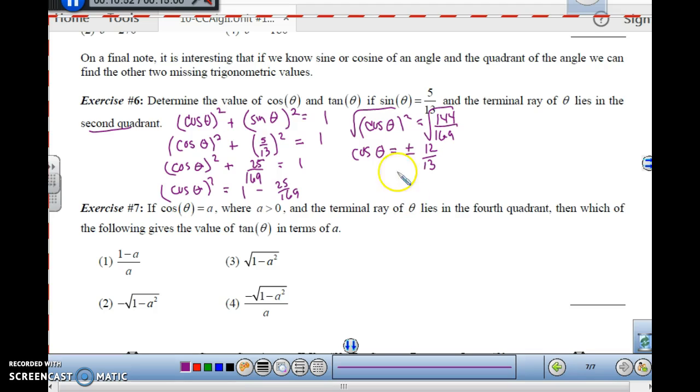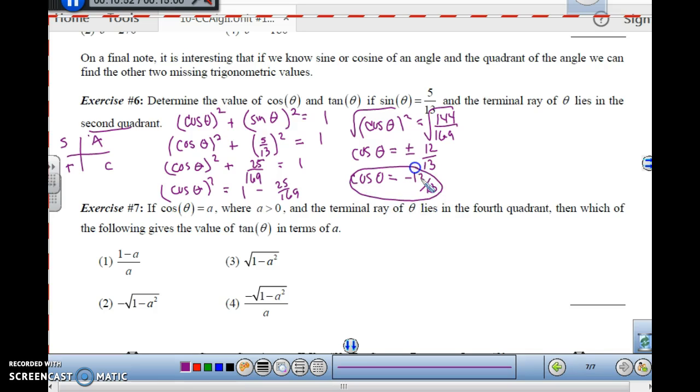All right, now, since cosine is either positive or negative, we are in the second quadrant. So in the second quadrant, if we have ASTC, cosine will be negative in the second quadrant. So cosine theta, in this case, will equal negative 12 over 13.